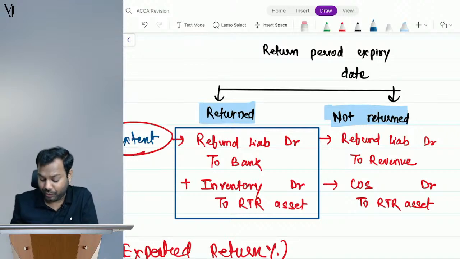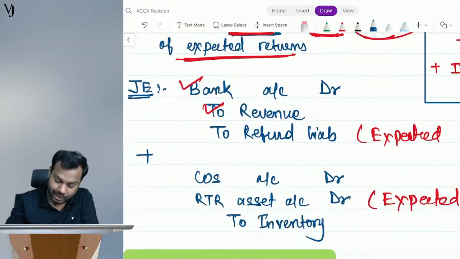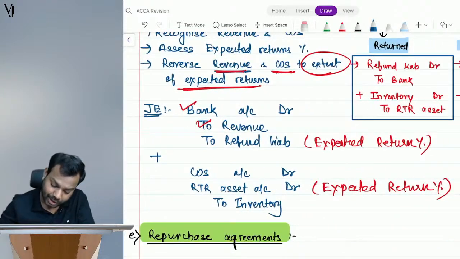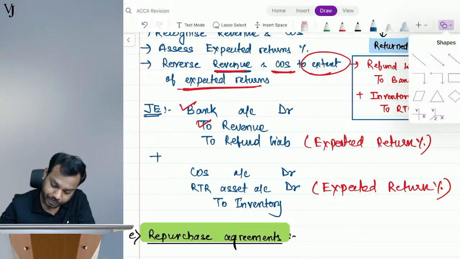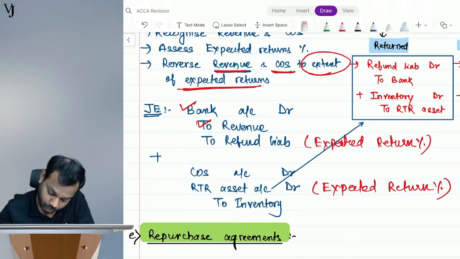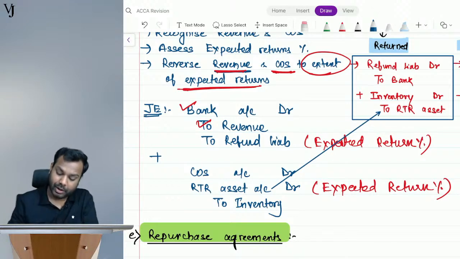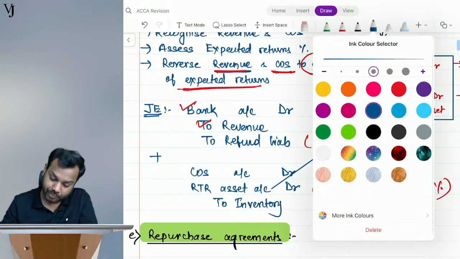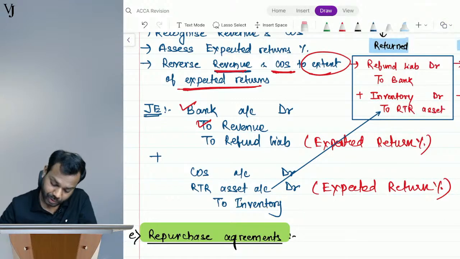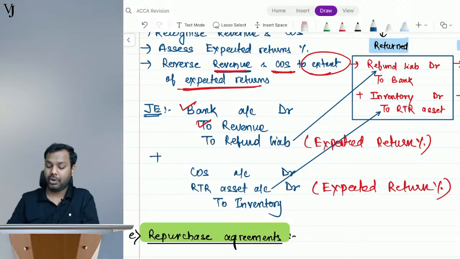Right to return asset, it will credit. Whatever is debited here, it gets credited here. Refund liability gets debited here. To bank, to RTR asset.